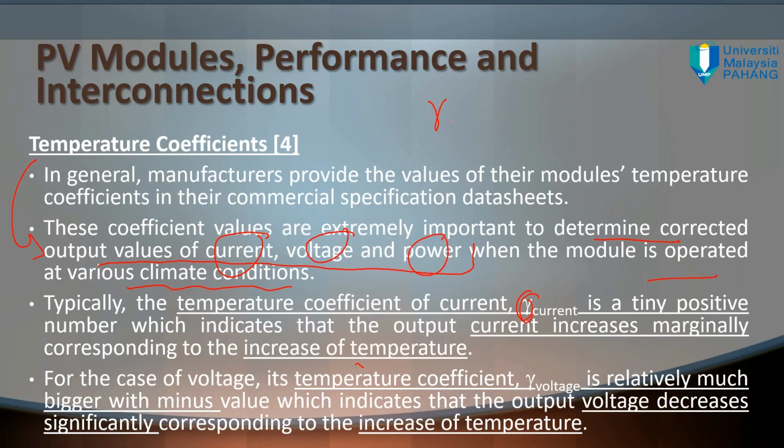Sometimes they write like this: ISC, VOC, PMP. This is the meaning of temperature coefficient of short circuit current, open circuit voltage, and maximum power. Okay. For the case of current, the temperature coefficient is a tiny positive number.